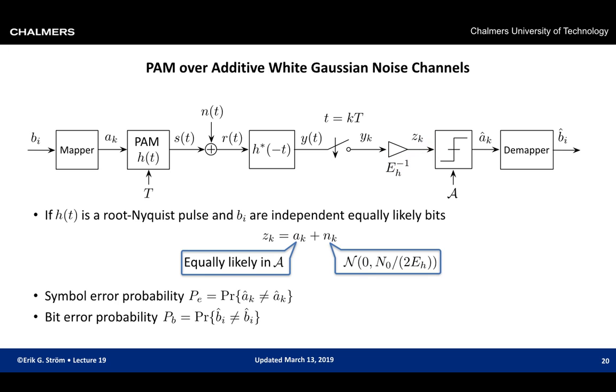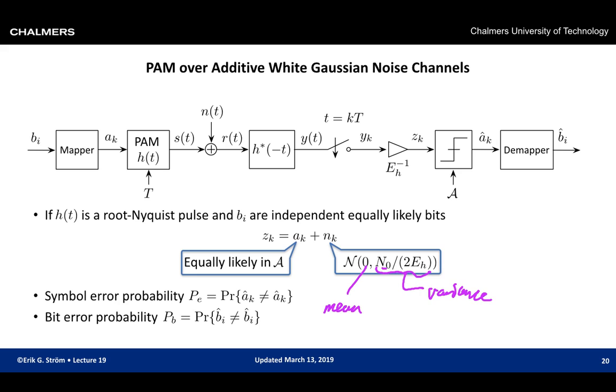And the combination of the filtering, sampling, and scaling implies that the noise component in Z, which is nk, is a Gaussian random variable with 0 mean, so the average is 0, and this as variance.